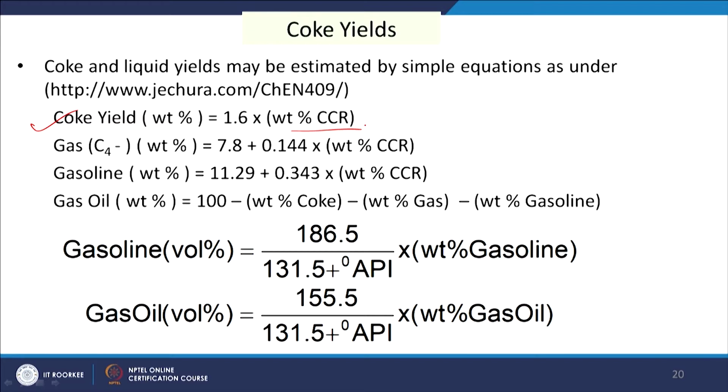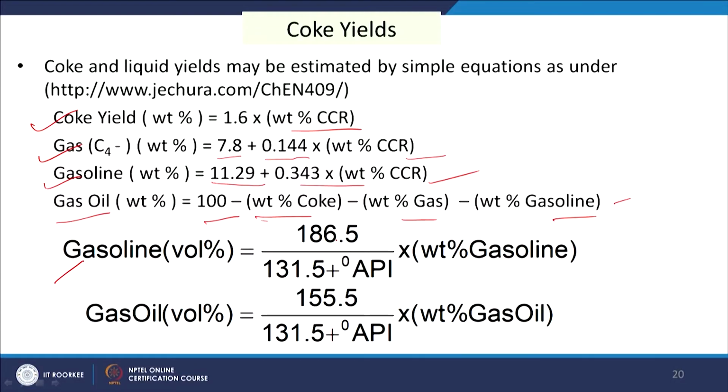Gas, that is LPG, is 7.8 plus 0.144 into CCR value, and gasoline is 11.29 plus 0.343 into CCR value in weight percent, and gas oil will be 100 minus coke minus gas minus gasoline. That way we can calculate by mass balance.